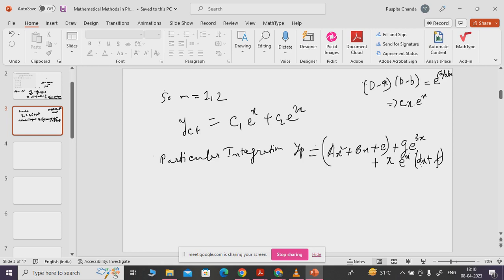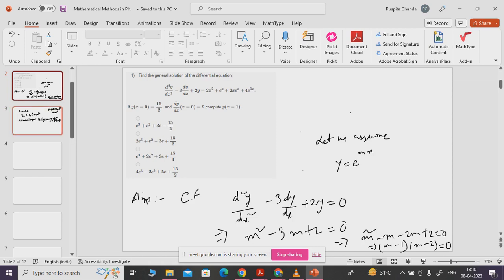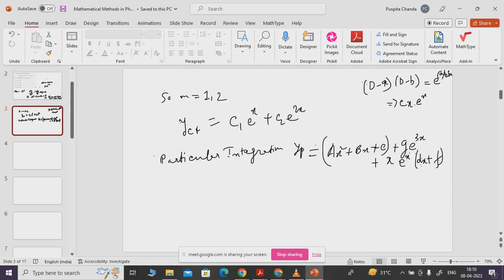So we can write this. For the polynomial part, we will assume a x square plus bx plus c. For the e to the power 3x part, we assume this kind. We need to obtain the values of the constants a, b, c, g, and for the x e to the power x part, and also for the e to the power x part, as one of a or b is equal to the exponent, according to the rule.